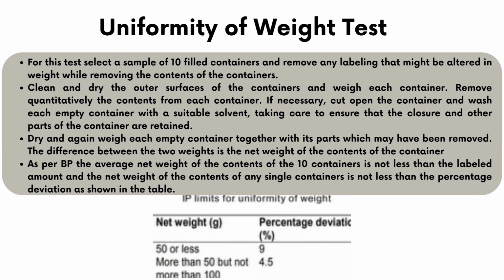Fourth, uniformity of weight test. For this test, we select a sample of ten filled containers and remove any labeling that might be altered in the way of removing the content of the containers.